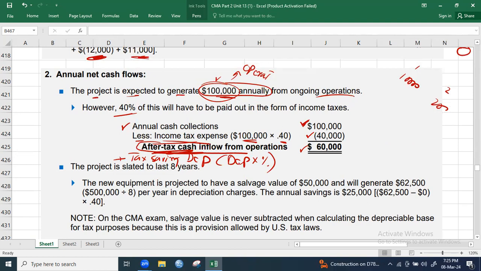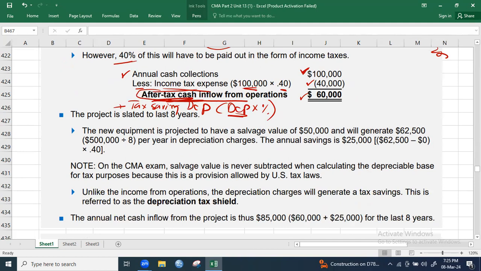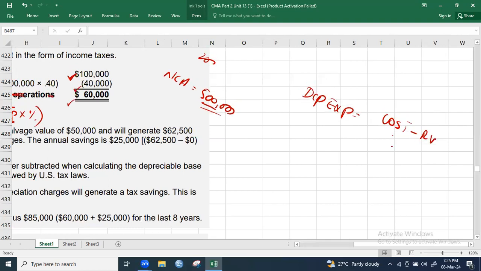For that, you should first know the depreciation. In my previous example, we assumed we invested in a non-current asset, the equipment. The cost was 500,000, so that value should be depreciated. Please remember, whenever you calculate depreciation, this is a really important point. In accounting, when you calculate depreciation expense, you take cost of asset minus residual value divided by life.